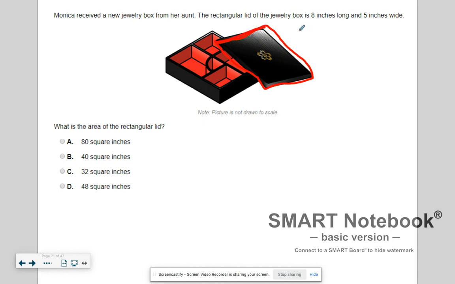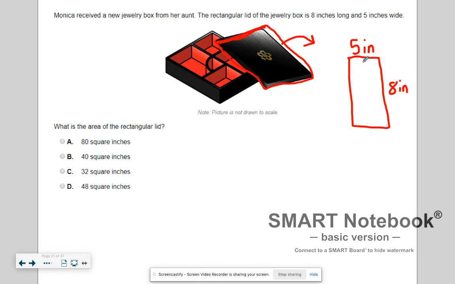Okay, it says it's 8 inches long. So if you don't have a picture, guys, you can always draw one. So I just took this lid and kind of moved it here where you can see it. So if this is 8 inches here, I put IN for inches, and 5 inches wide.